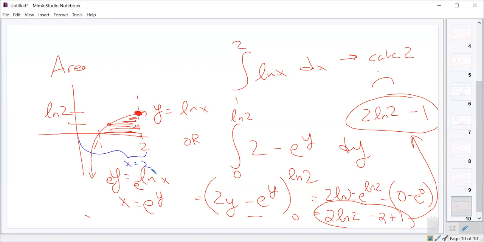And then the distance from here to here is 2 minus whatever this x value is. This is just some x. So this is 2 minus x. And so x here is related to y equals ln of this x, which can be written as x equals e to the y. Does that make sense?